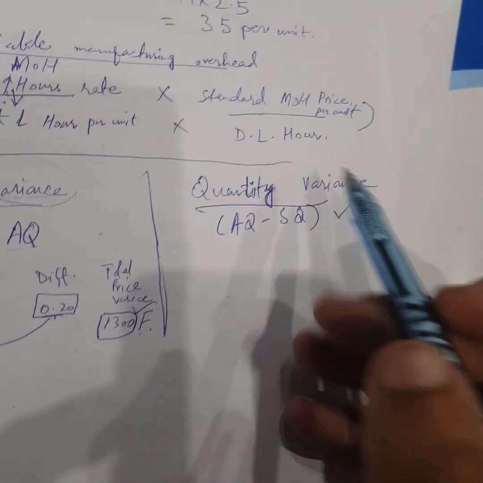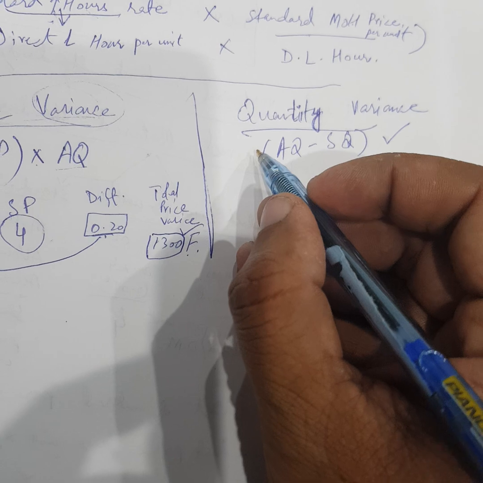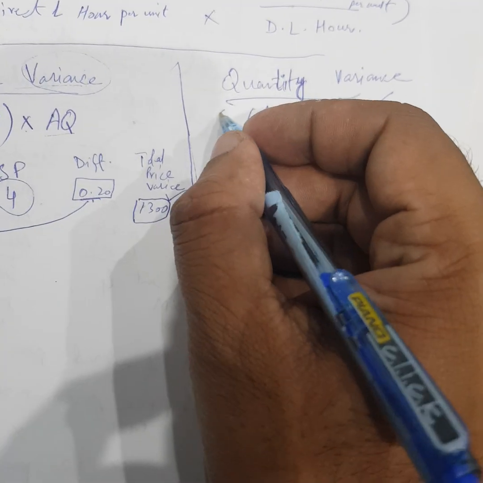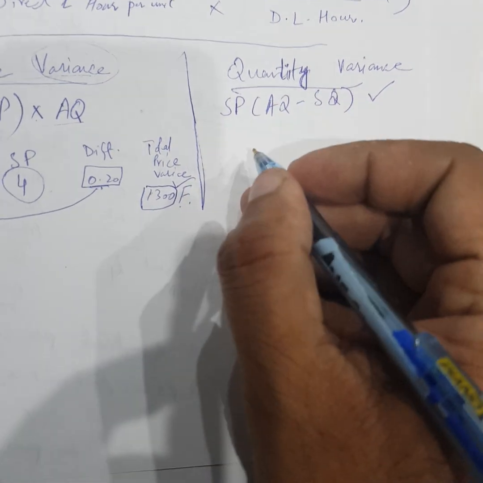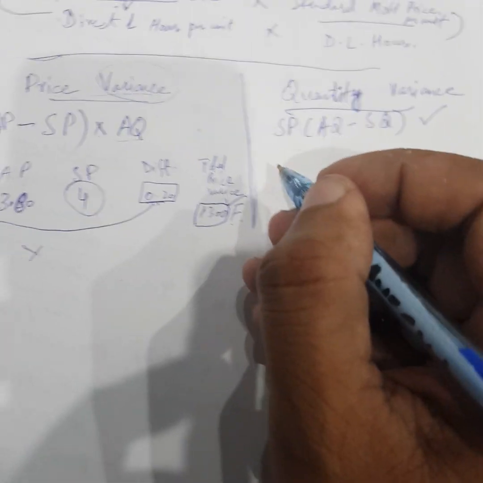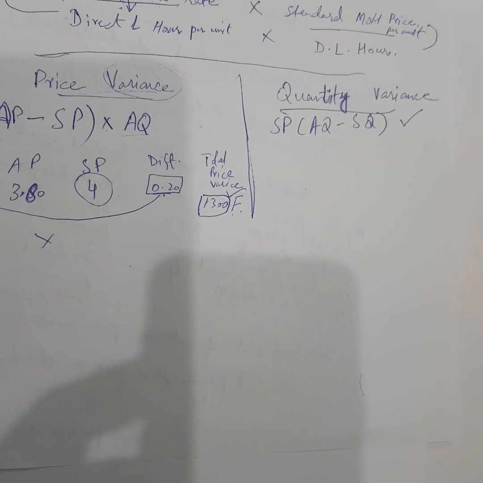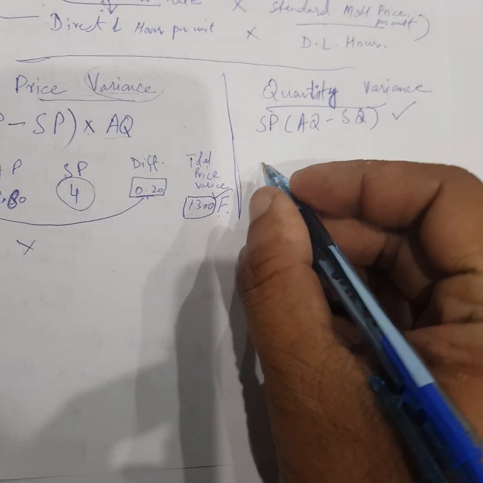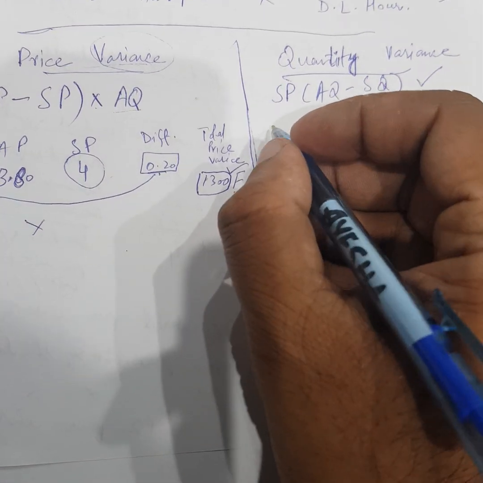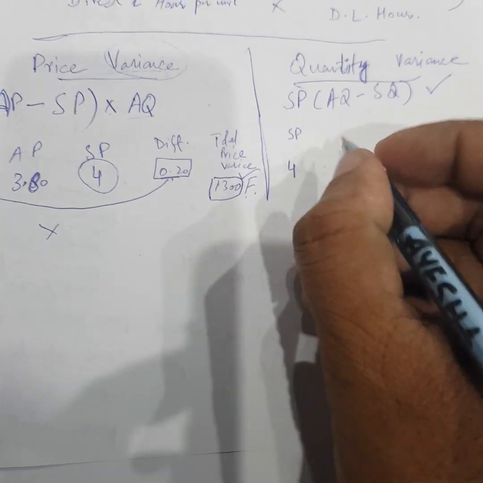To explain the concept of quantity variance, we will multiply this quantity difference with the standard price to find out the quantity variance. In the same way, we will make a chart. The standard price is 4 rupees.